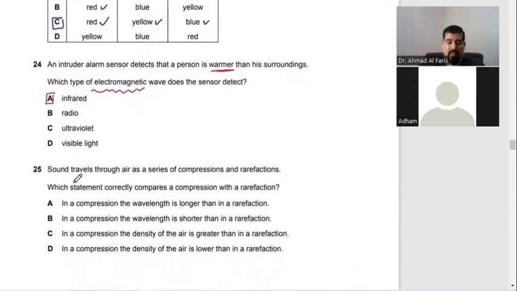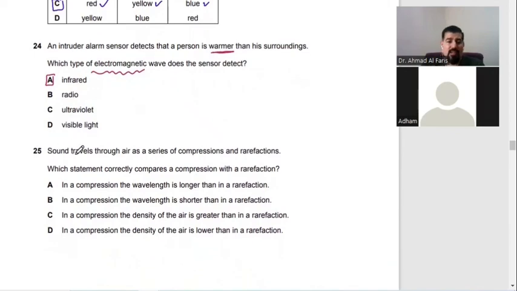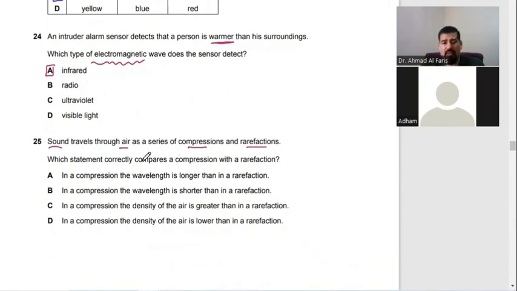Number 25. Sound travels through air as a series of compressions and rarefactions. Which statement correctly compares the compression with the rarefaction? Compression is the region where air molecules are close to each other, and rarefaction is where the air molecules are far from each other. That causes high or low pressure, so high or low density of the air.